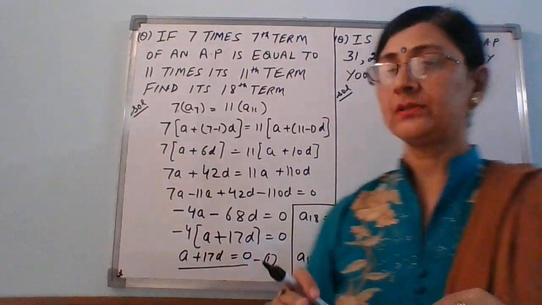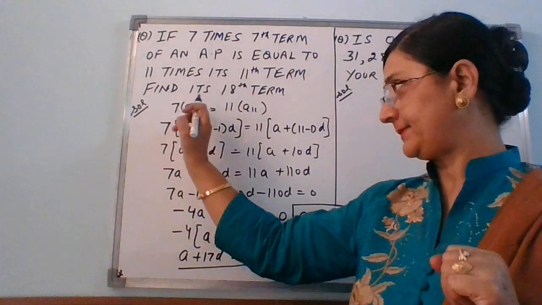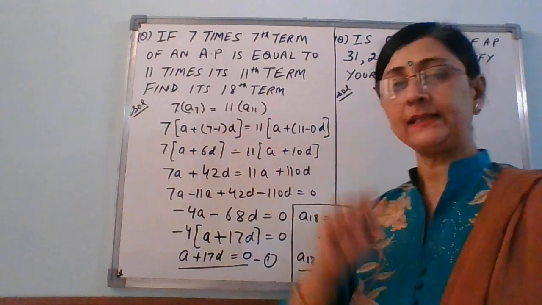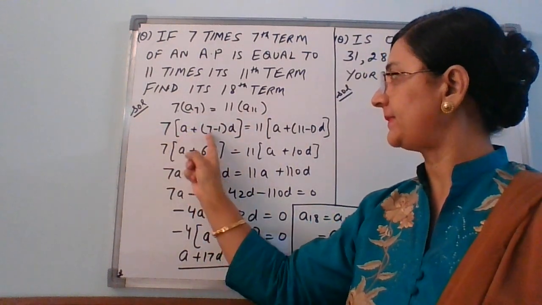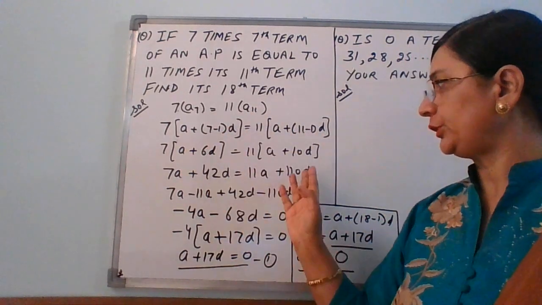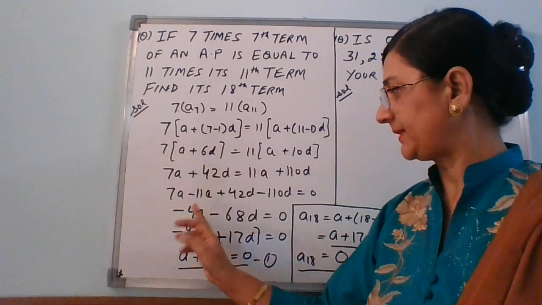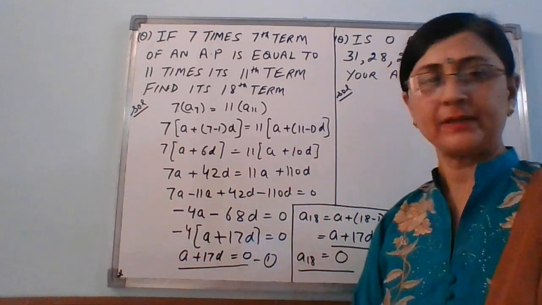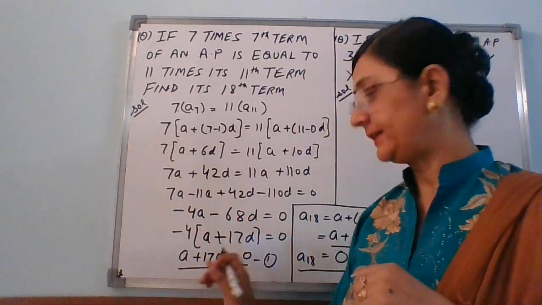So what was the question? Some equation we have to form. 7 times the 7th term, 11 times the 11th term. Write the formula of the 7th term, a plus 7 minus 1 d, and here a plus 11 minus 1 d. Accordingly open it, multiply by 7 and by 11, take the like terms on the left and solve. You'll get some equation. But a and d don't come out, because we can't solve a single equation alone.